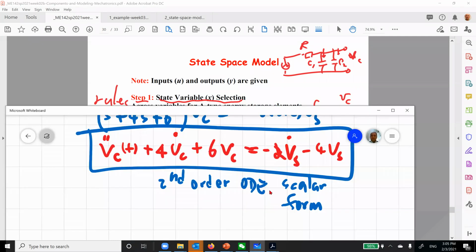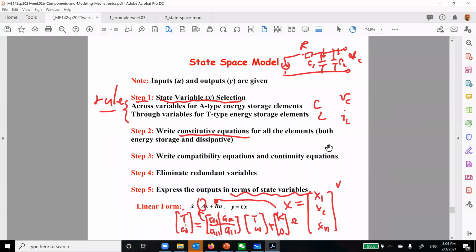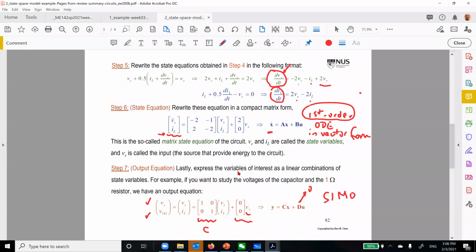I know some people may feel better to live without state space, using a high order ODE, but it's hard to analyze, okay? So I suggest you get used to this first order differential equation of vector form, okay, of vector form.